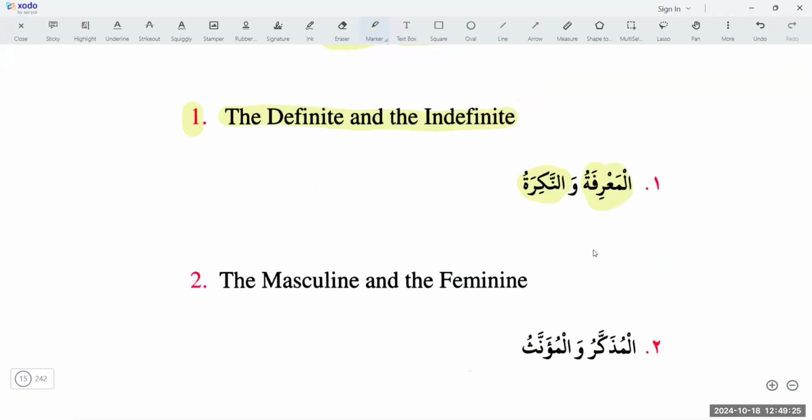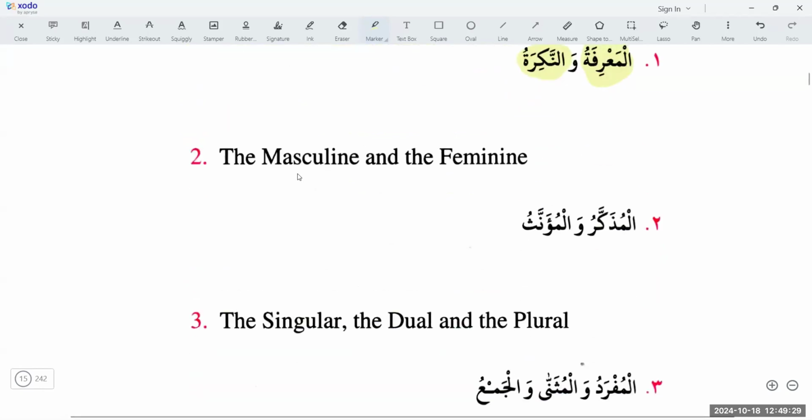It should be definite or indefinite. Then the second is masculine and feminine. A noun is either a muzakkar or muannas, either masculine or feminine.